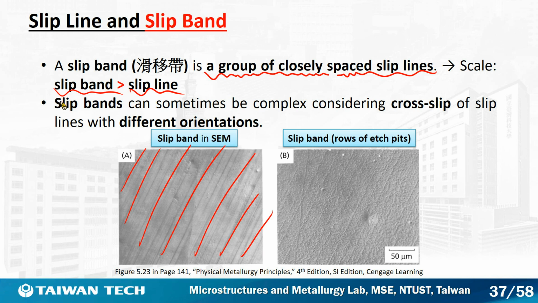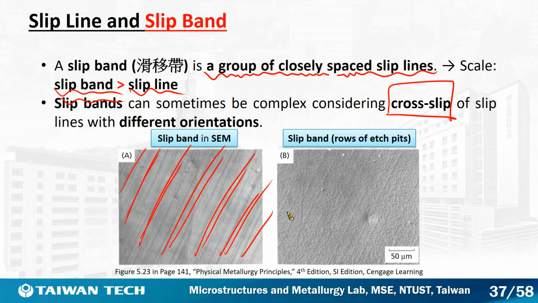And actually, this slip band is composed of a lot of slip lines. And here, a slip band can sometimes be complex because these lines are the slip planes, right? And if we have cross slip occur, cross slip involves dislocation motion on different slip planes.